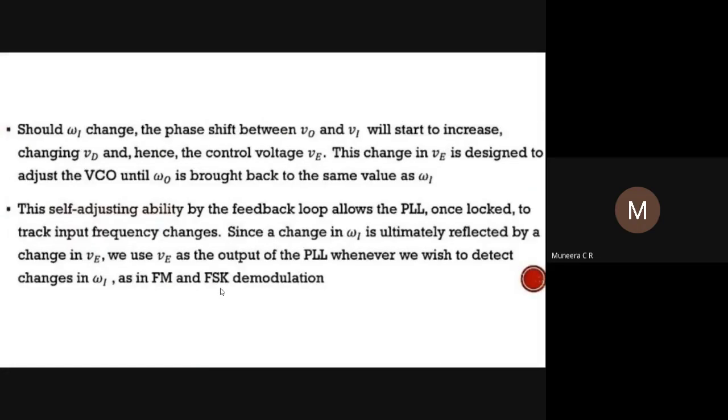If there is a change in omega I, the phase shift between V0 and VI will start to increase, changing VD and hence the control voltage VE. This change in VE is designed to adjust the VCO until it is brought back to the same value as omega I.